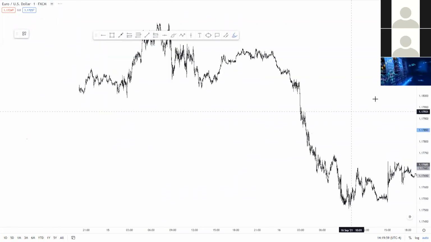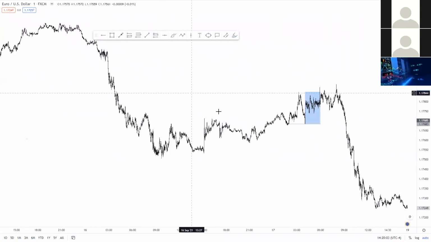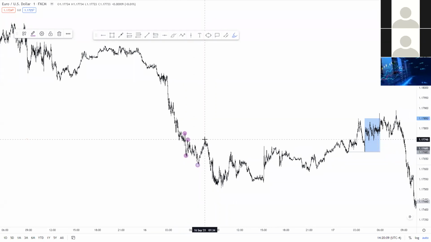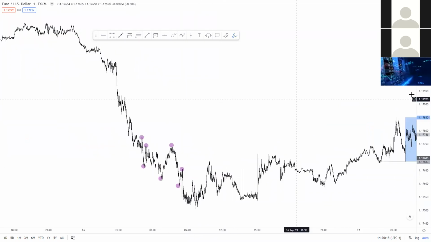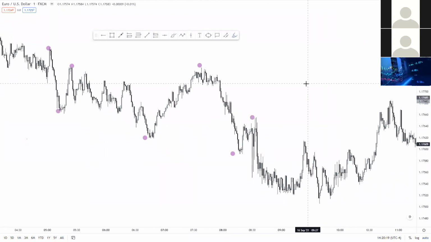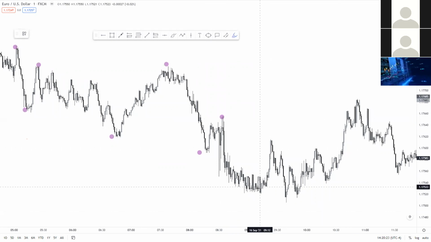Let's look at our structure. Structure was a little weird, honestly, but you can see right here, this was a structural point for me. In some of the courses, we talk about getting a 50% retracement to constitute a pullback.